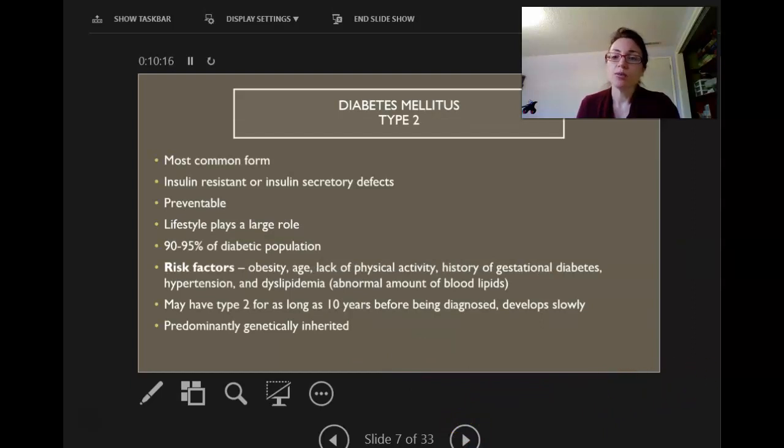Type 2 diabetes, which is the most common form of diabetes, results from a lack of insulin or the body's ability to use insulin effectively. So they may make insulin, but their body just isn't doing the right stuff with it. Type 2 diabetes is preventable.